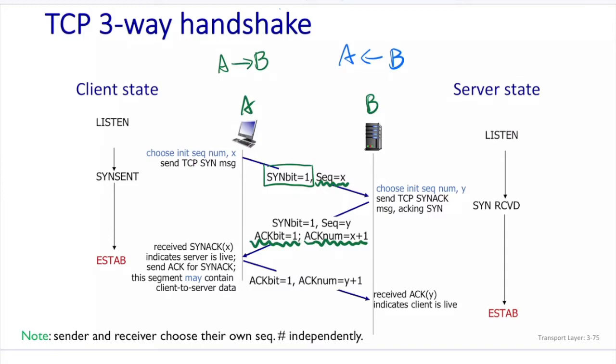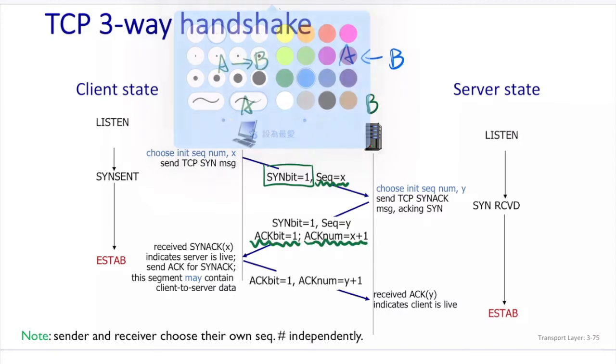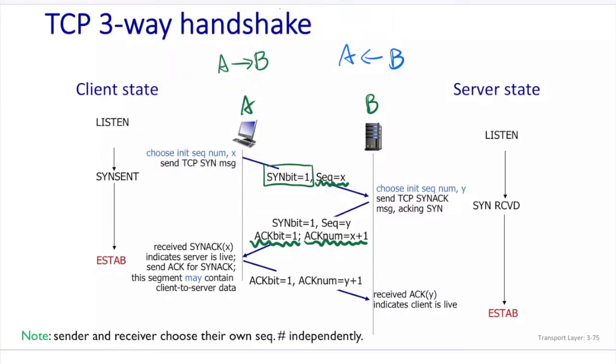That is from A to B. And the other part is that when A sends such a request to B, at this moment, B will also send a SYN packet to A and set up another sequence number.